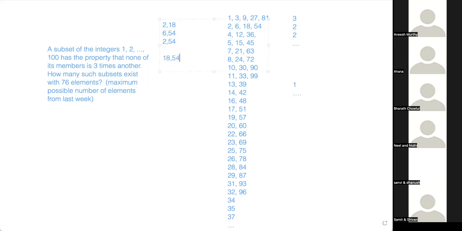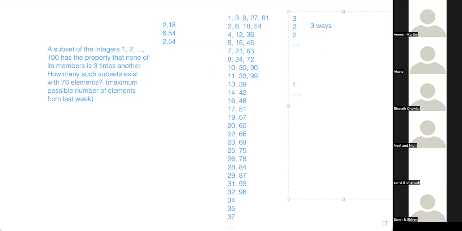Why not 18 and 54? That's a multiple, well, 18 times 3 is equal to 54. Good. Yes, 18 times 3 is 54. So actually, in this choice, from these 4 numbers, there's 3 possible pairs I could have chosen. So even though the maximum is 2, there's 3 ways I could have chosen these 2.